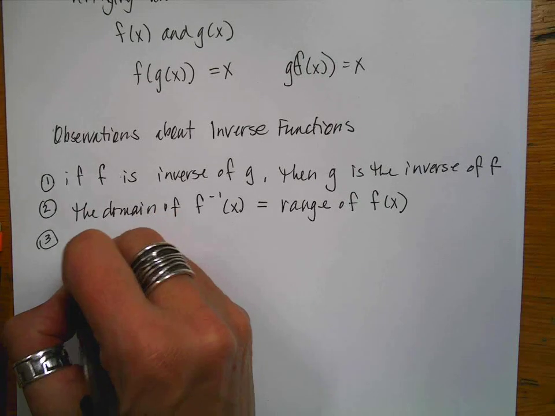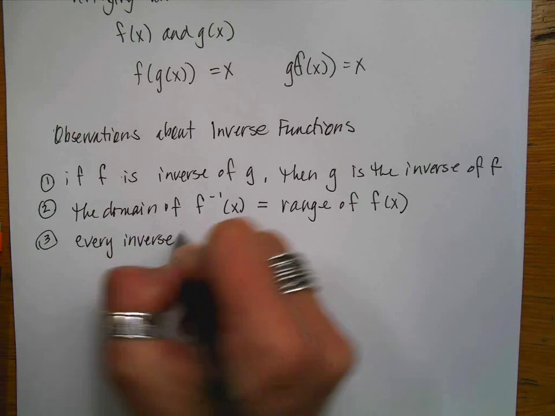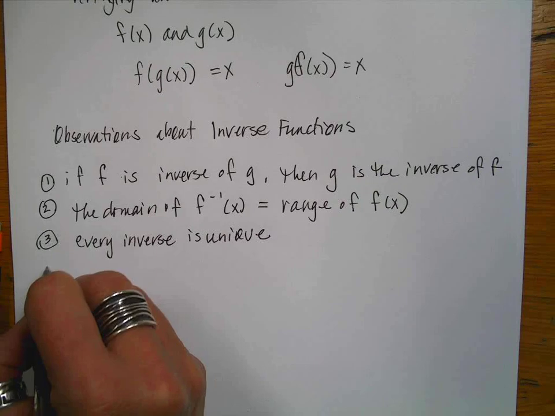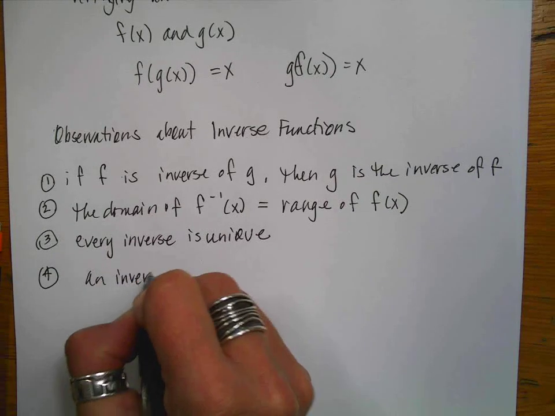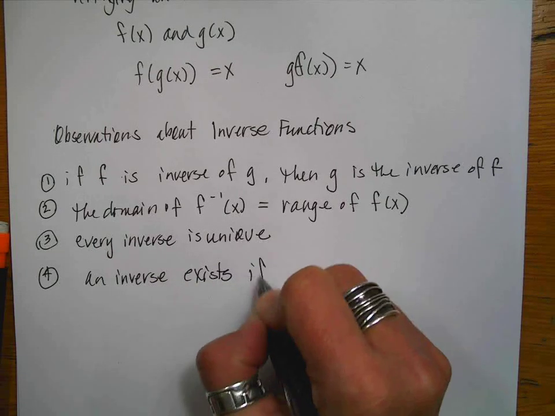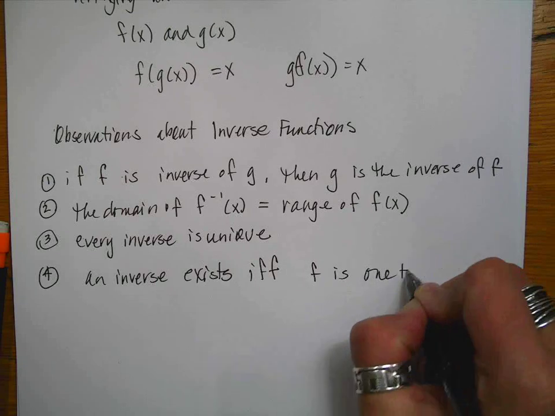The third observation is that every inverse is unique. Okay. The fourth one is an inverse exists if and only if f is 1-to-1.